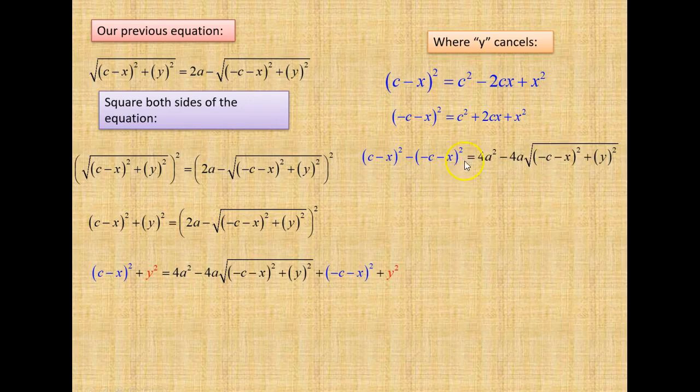And what we do is we take this term and move it to the left side. If we change the sign on it, we leave the 4a squared minus 4a times the square root quantity on the right side.